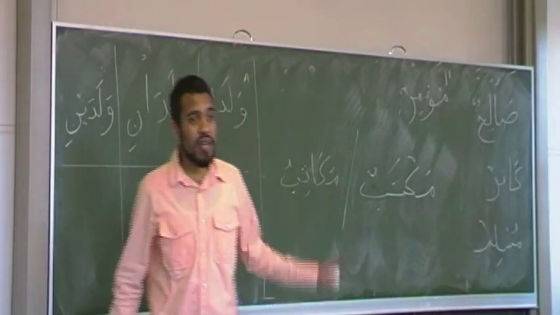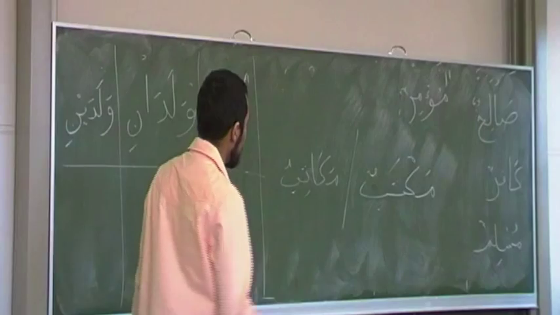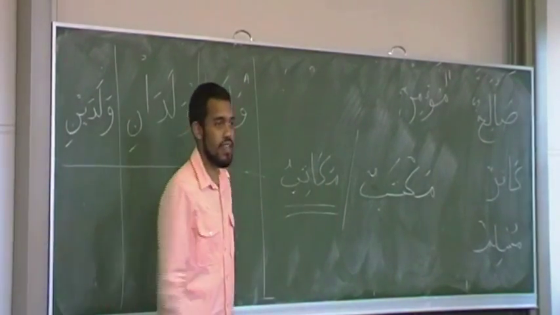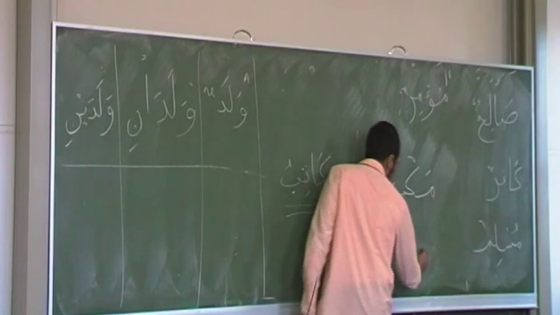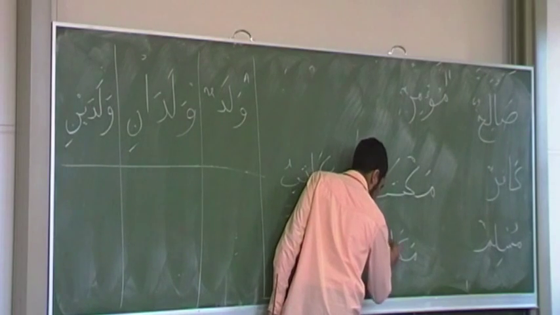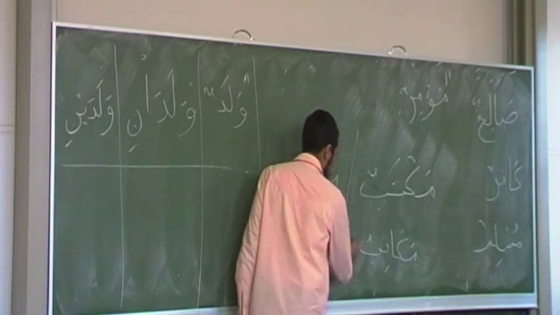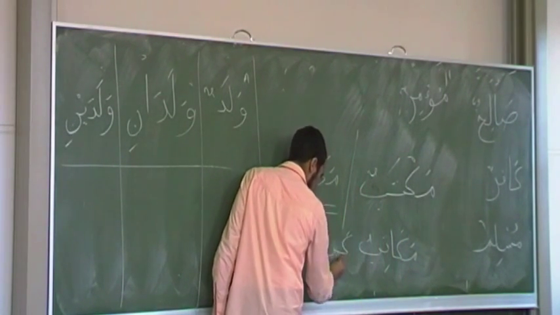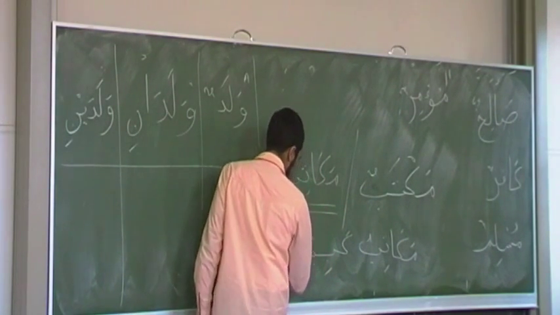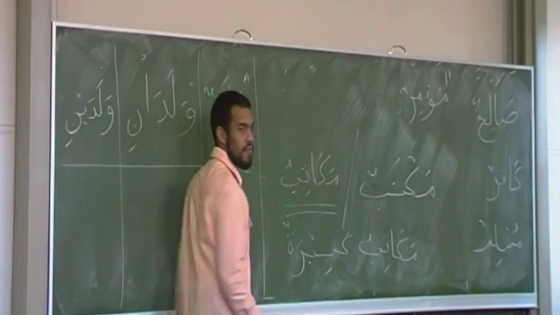Okay, so maktabun, here's the rule. Maktabun, makatibu. If I want to say big desks, I must say kabir, for big, right? And I must make it feminine.